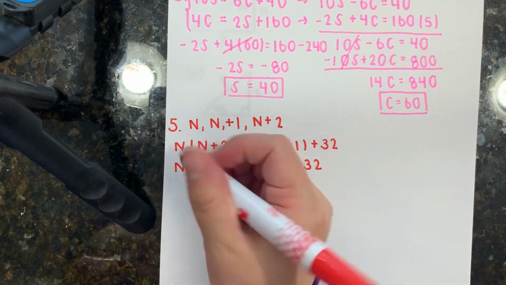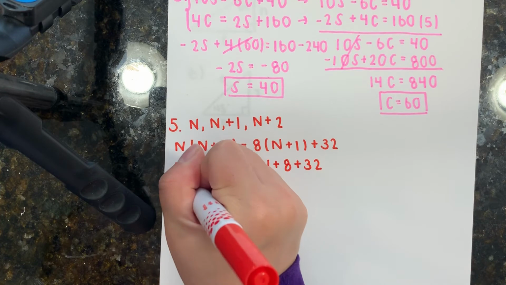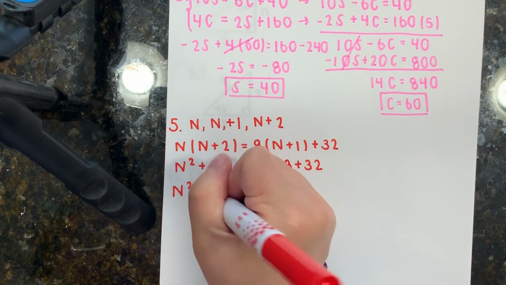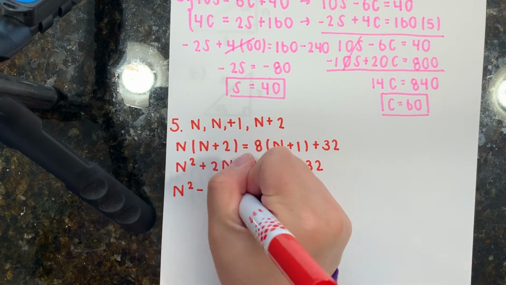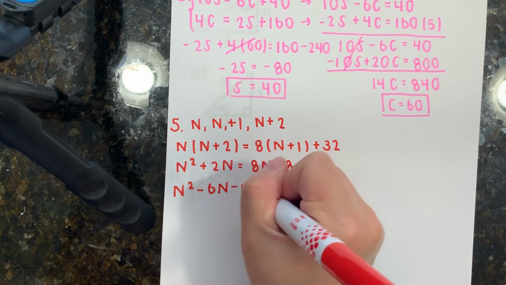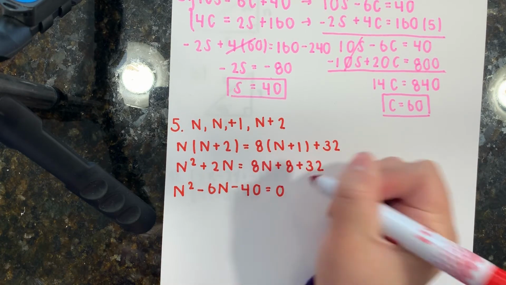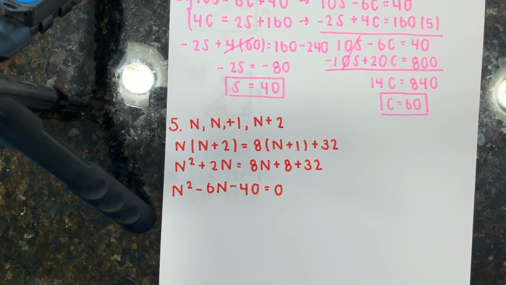I'm going to move everything over to the left-hand side, so that would be n squared minus 6n minus 40 equals 0. So I need two numbers that multiply to give me negative 40, but add up to give me negative 6. So 8 and 5, 4 and 10.